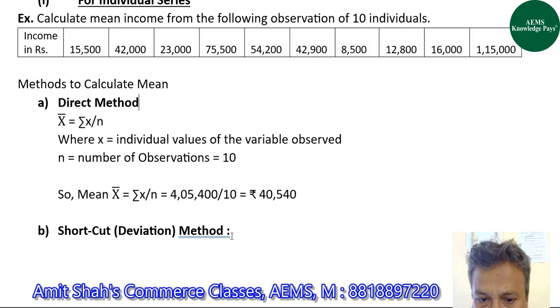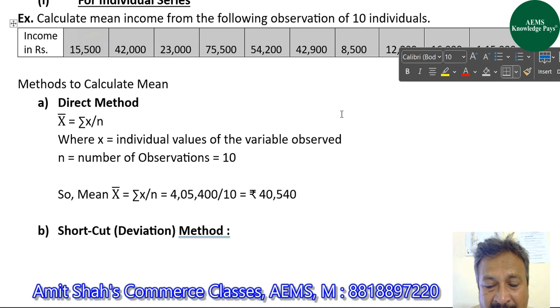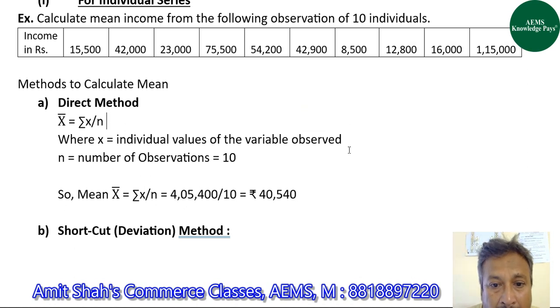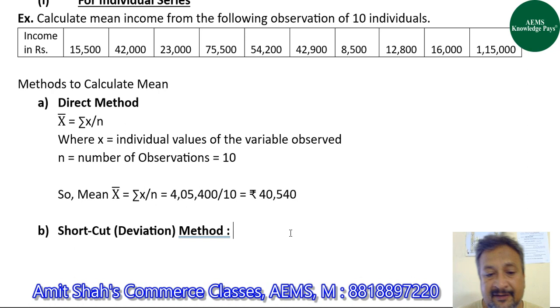I repeat, guys, we take any value, which may be out of the values that we have collected or beyond them, and that we take as the assumed mean. And then we calculate the deviation of each of these values from the assumed mean. How? Let's understand this.